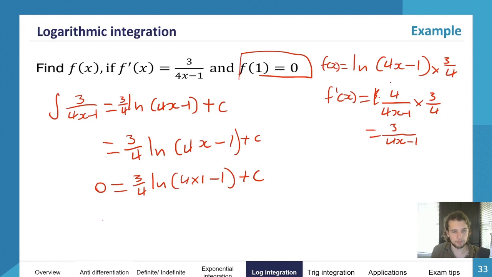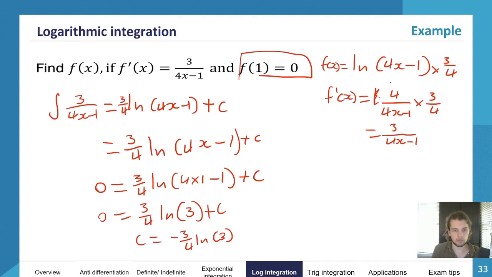Sorry about that, I made a little mistake there. So now it's 0 equals 3 over 4 ln 3 plus c. So now c is equal to minus 3 over 4 ln 3.